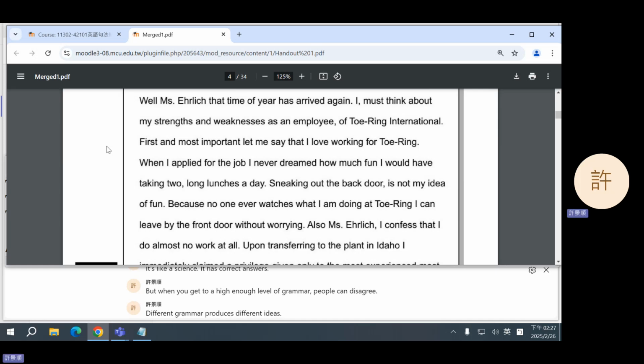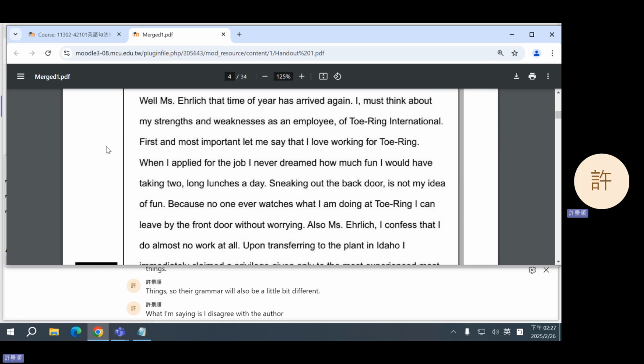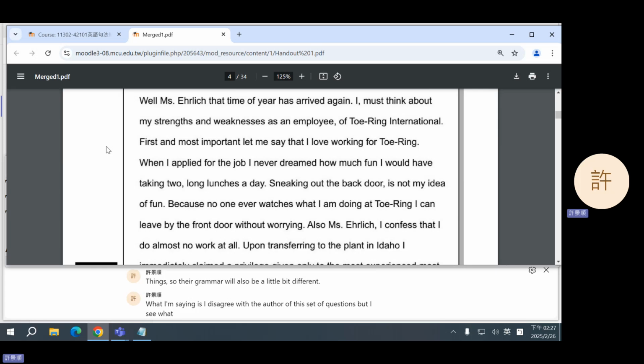And different people will think that the same sentence is saying different things, so their grammar will also be a little bit different. What I'm saying is, I disagree with the author of this set of questions, but I see what she's thinking.